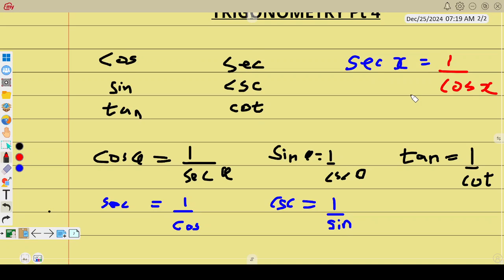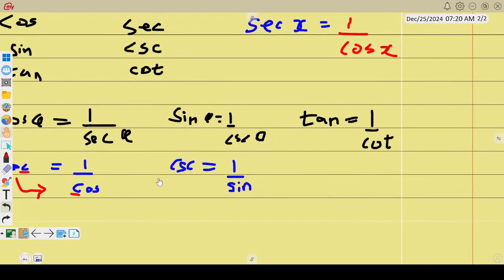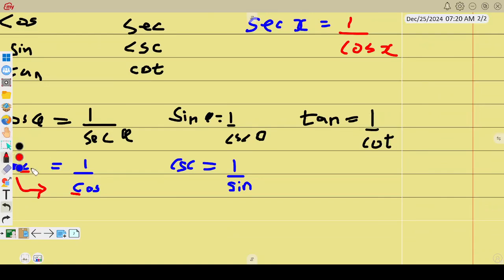Now I want you to know how to remember them nicely. If you look here, sec is ending with a C, so it is related to the other trig ratio which starts with a C. Are you seeing that? Also cot. I told you we can make one or the other the subject.